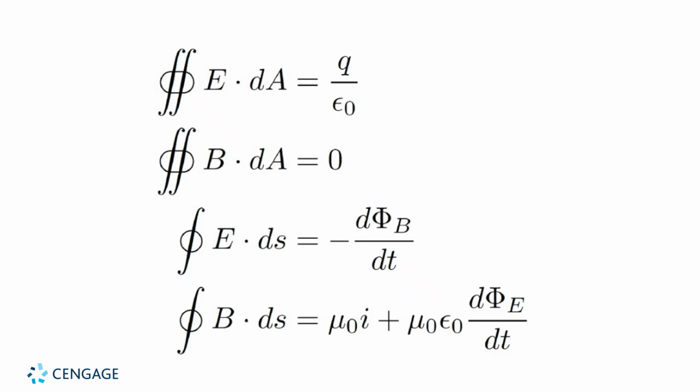The top equation, the source of the electric field is the charge. That's pretty straightforward. What he's saying there is electrons and protons create the electric field. The next one down says the magnetic field doesn't have a source particle. See the zero? So that means there's no monopoles.